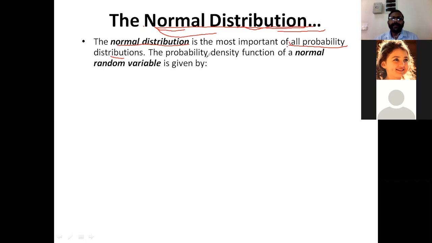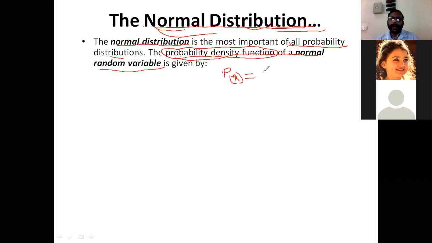Let's look at some of these characteristics and how these normal distributions look. The probability density function of a normal distribution, or of a normal random variable, right? Can you remember the probability distribution based on the probability function of a discrete random variable, the binomial distribution? If you can remember, we looked at P(x), probability of x equals.